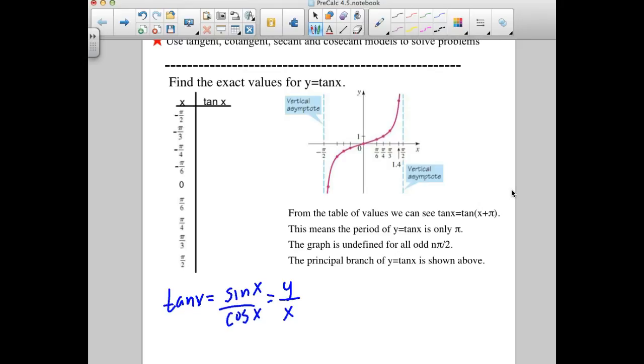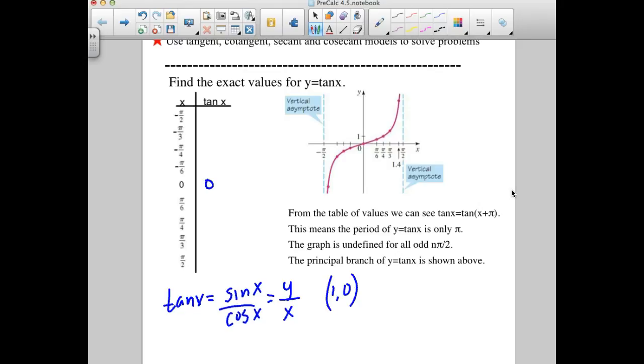What's the ordered pair there? If we have the point (1, 0), what would be the tangent? 0 divided by 1, which is 0. So at 0 radians, our tangent is 0.